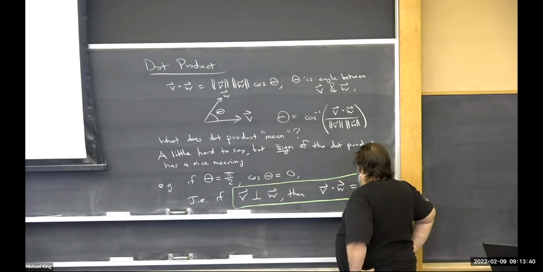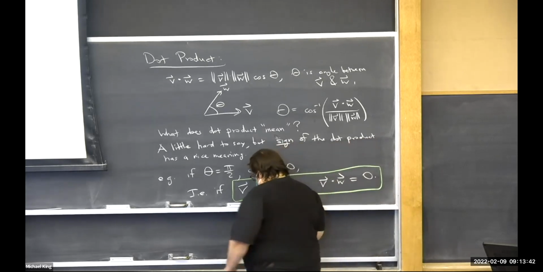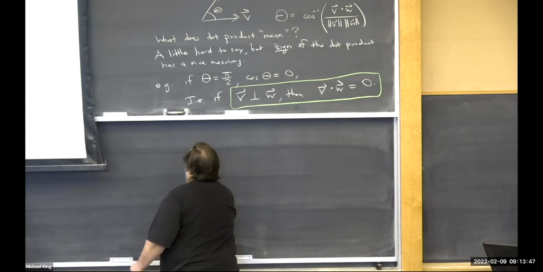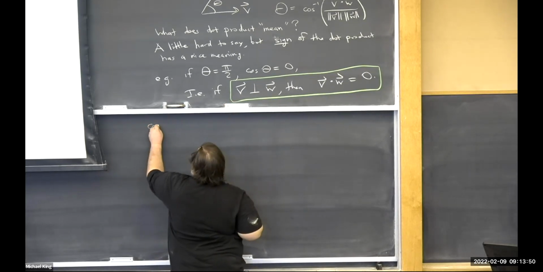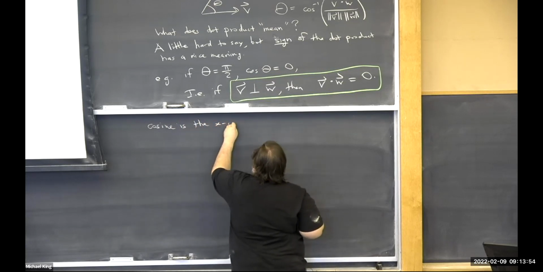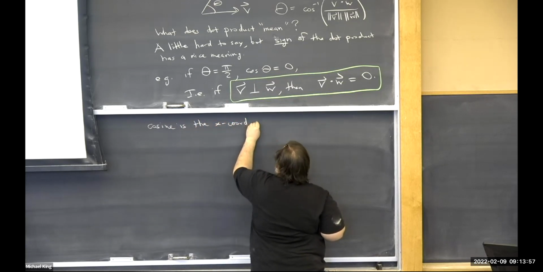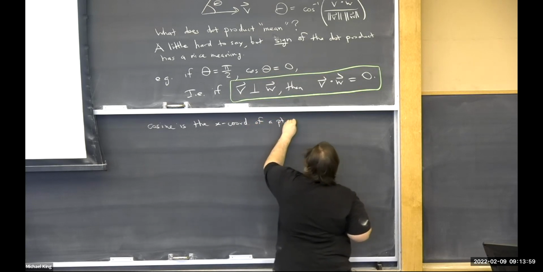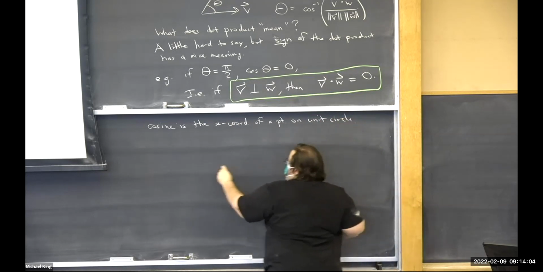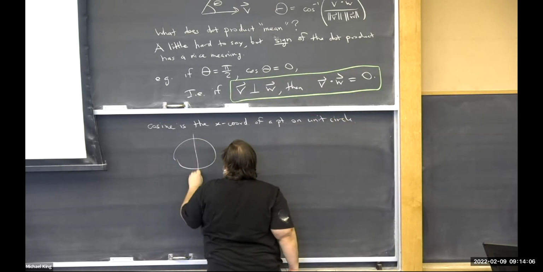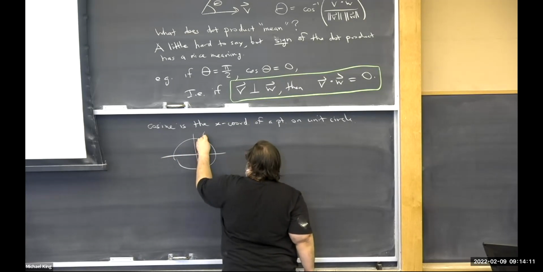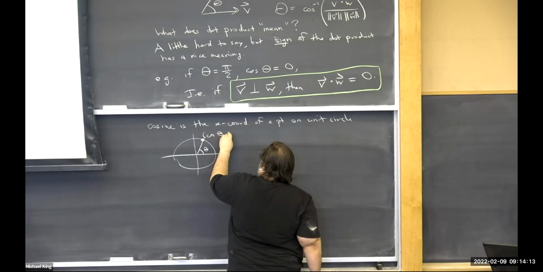And then in general, let's think about the sign, what cosine is, how cosine works. Cosine is the x coordinate of a point on the unit circle. That's sort of the right definition. So if I draw the unit circle and I have a point here at angle theta, then the coordinates of this point are cosine theta, sine theta.